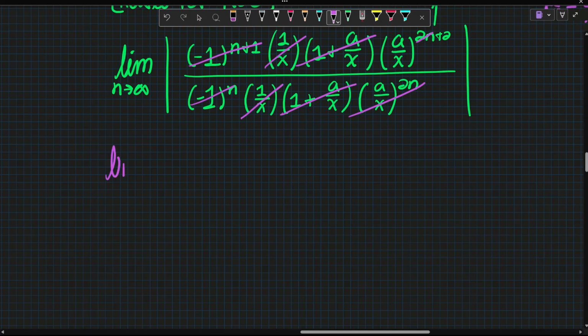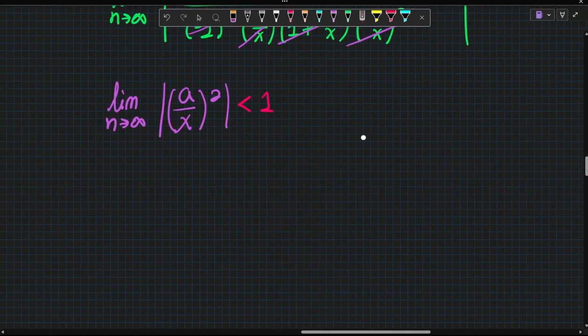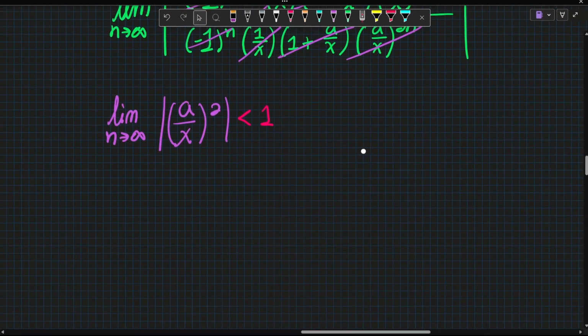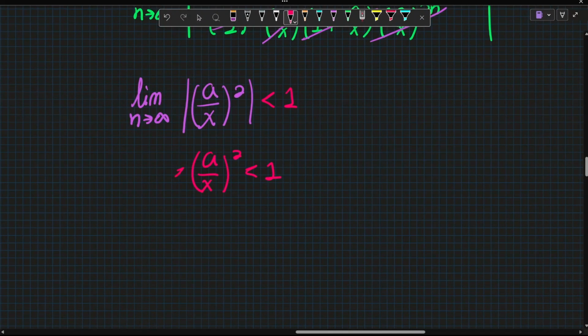Right, so you have the limit as n approaches infinity, the absolute value, a over x to the 2, and then you force it to converge, so it must be less than 1. Then we basically get that a over x squared must be less than 1 and greater than negative 1.